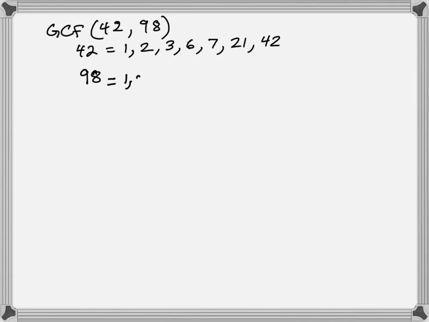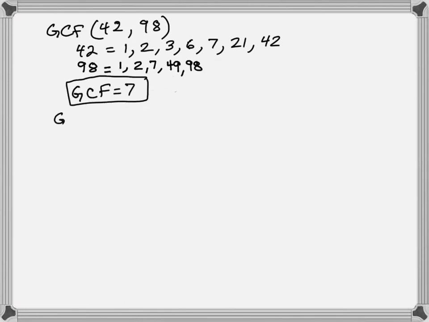Let me redo that one. For 98, we have 1, 2, 7, 49, and 98. So the GCF is going to be the biggest common number, which is 7.